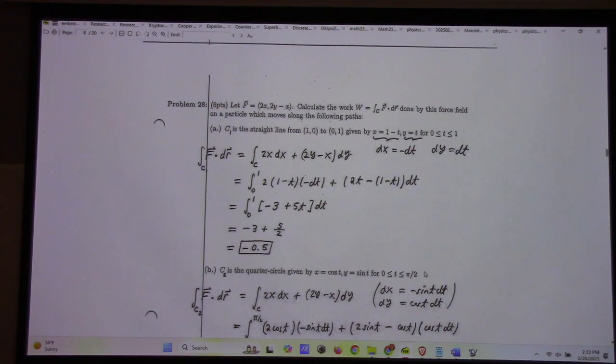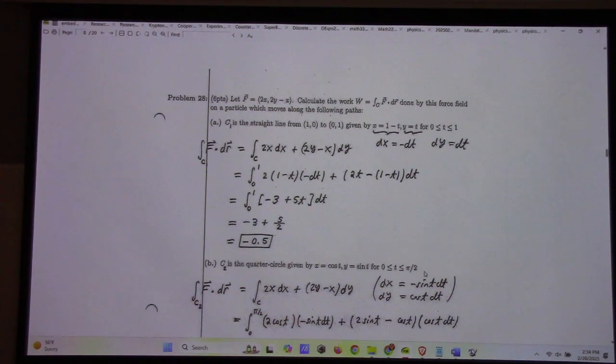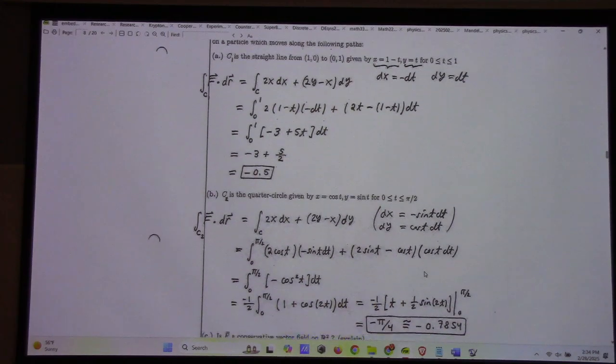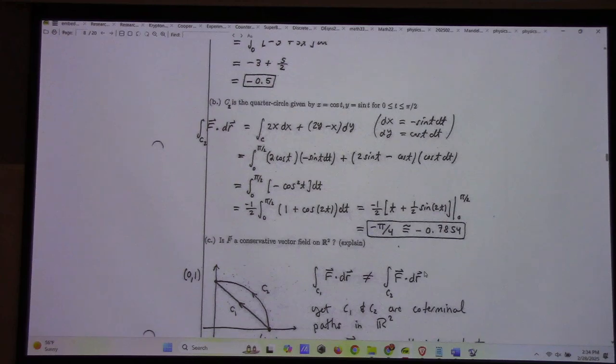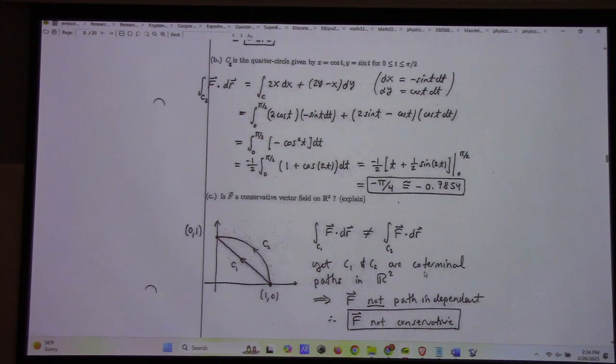Remember? If we want to go from P to Q, we do r of t is P plus t times Q minus P, right? That puts r of 0 being P and r of 1 being Q. We've done that somewhere.